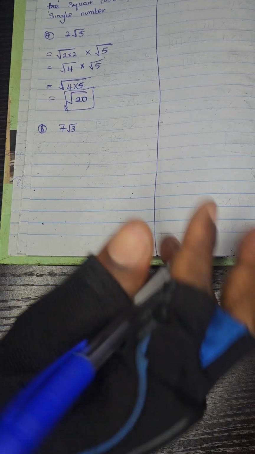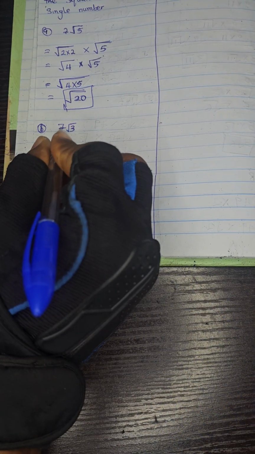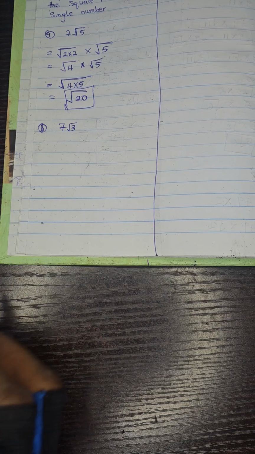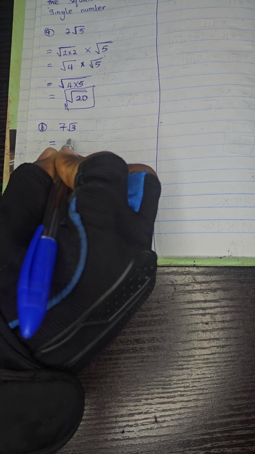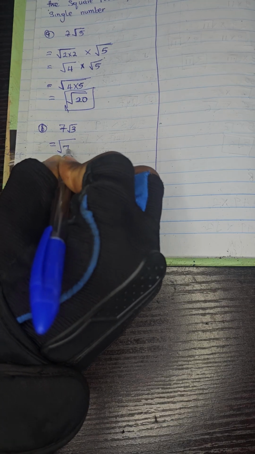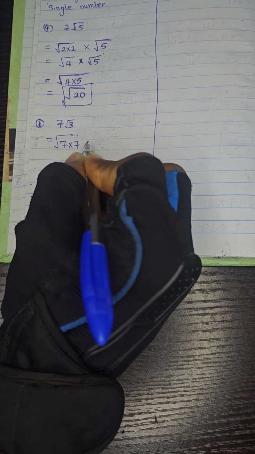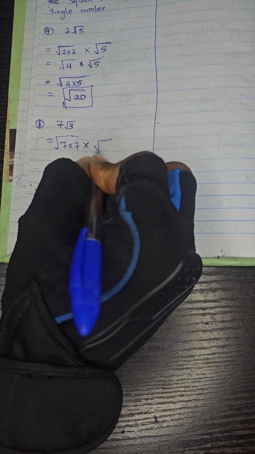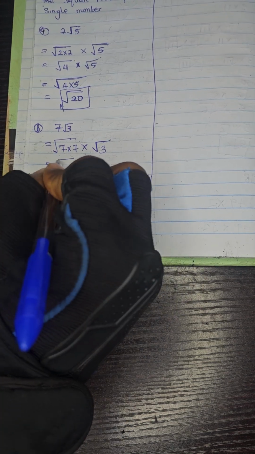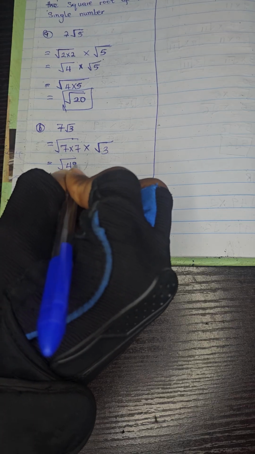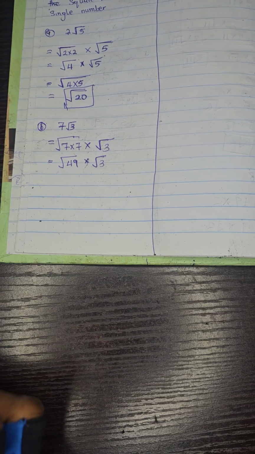So let's solve the second one, because the more we solve, the clearer it becomes. Here we have 7 root 3. To put this 7 inside the square root, you have to multiply by itself. So it becomes 7 times 7 times root 3. So this is equal to square root of 49 times square root of 3.